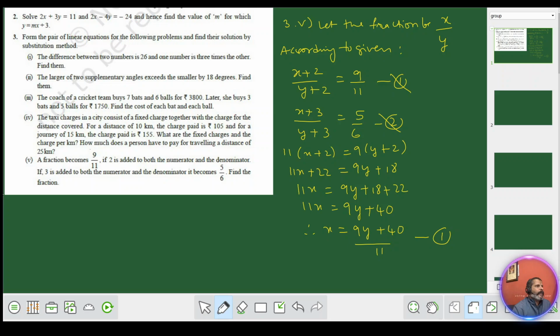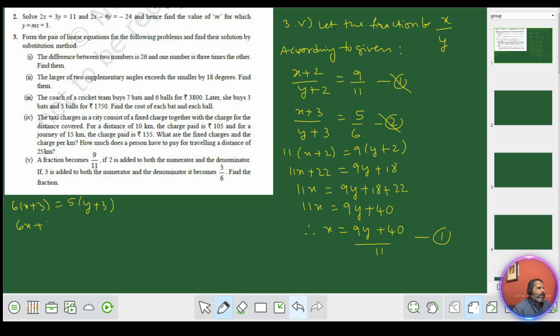Then cross multiply the other equation. What is other equation? 6 of (x plus 3) equal to 5 of (y plus 3).